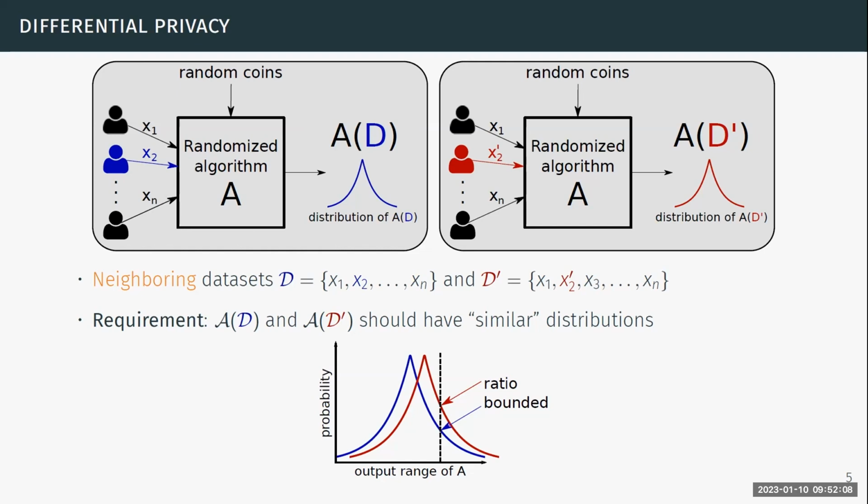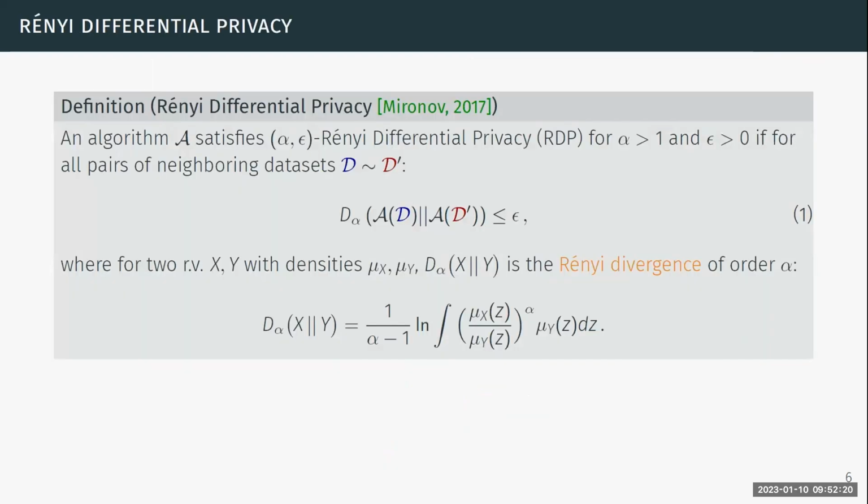So how do we measure the closeness of distributions? There are many different ways you can do that, and there are many variants of differential privacy that use, let's say, a different divergence. In the context of this talk, I will focus on the so-called Rényi differential privacy, where we use a Rényi divergence to measure this difference in distribution.